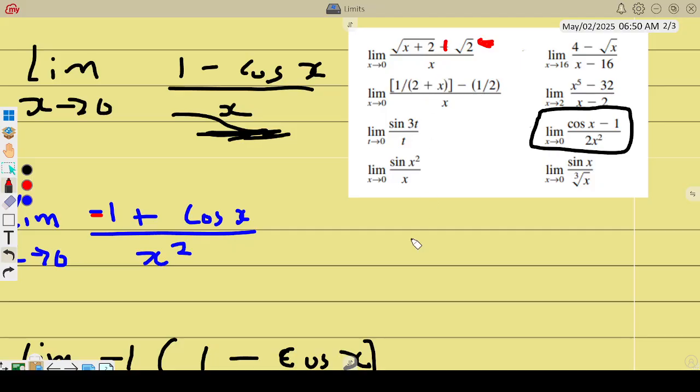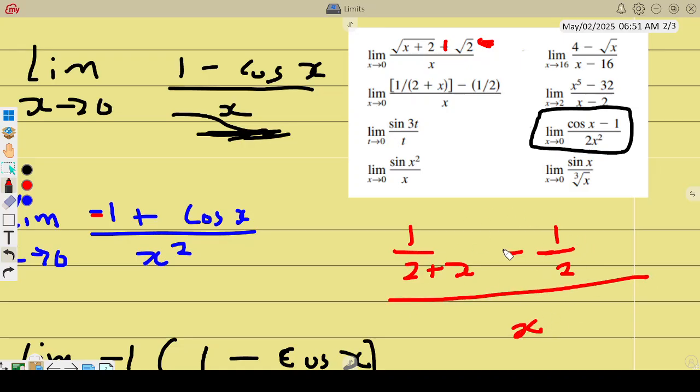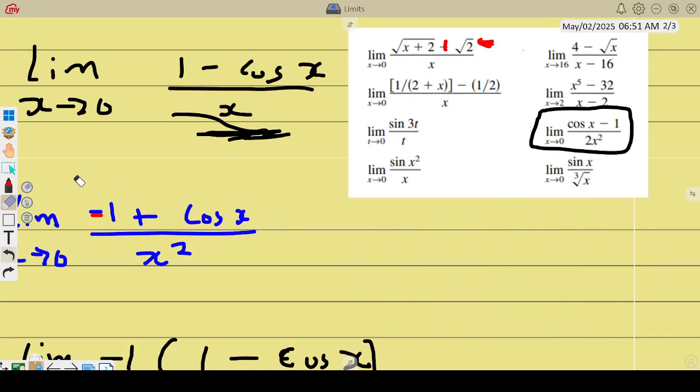The numerator as a fraction has 1 over 2 plus x minus 1 over 2, and then it's over x. So you simplify this, make it a single fraction, and then divide by x. You can try it out.